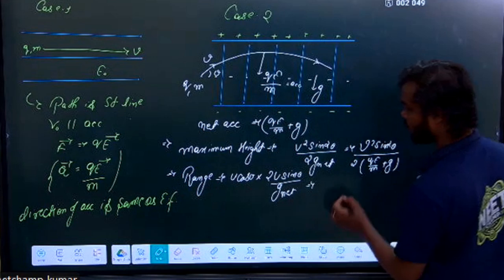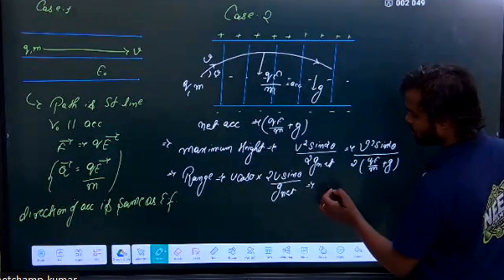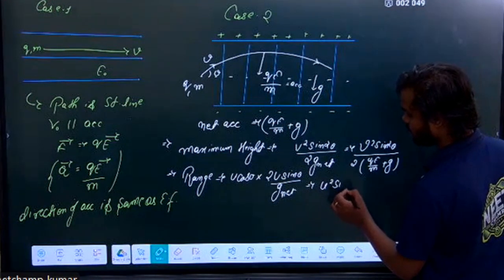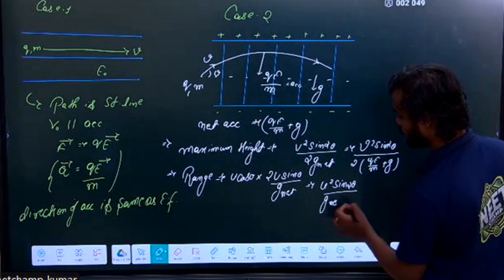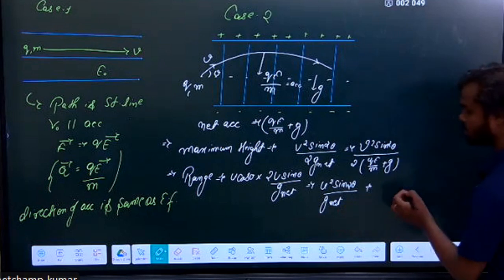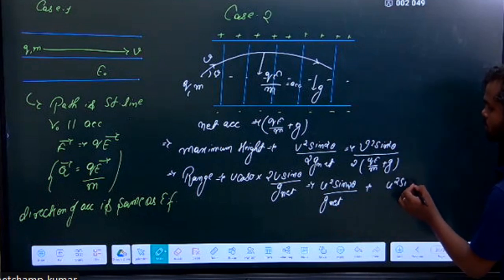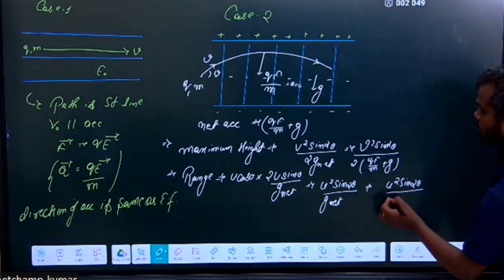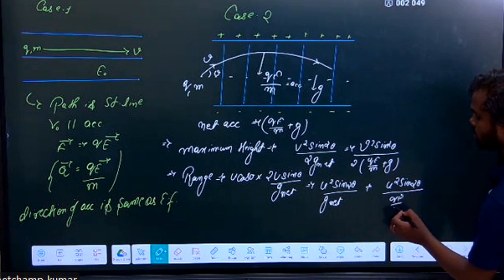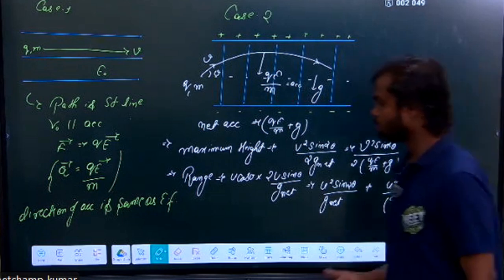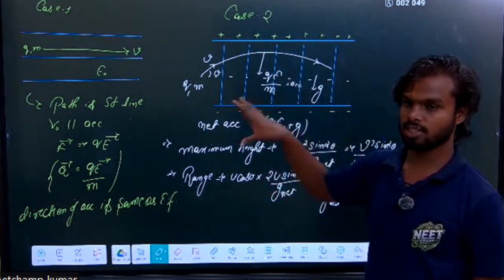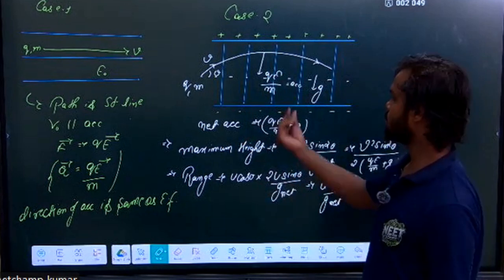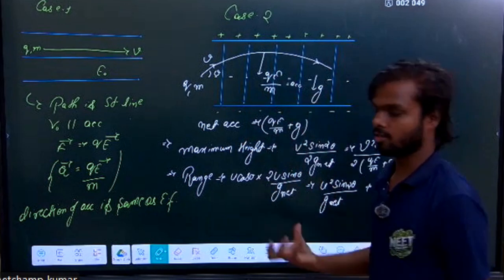So you will get range as u square sine 2 theta by G net, that is u square sine 2 theta by (QE by M plus G). So we are just replacing the G in the projectile formula by G net. G net is nothing but the total net acceleration.